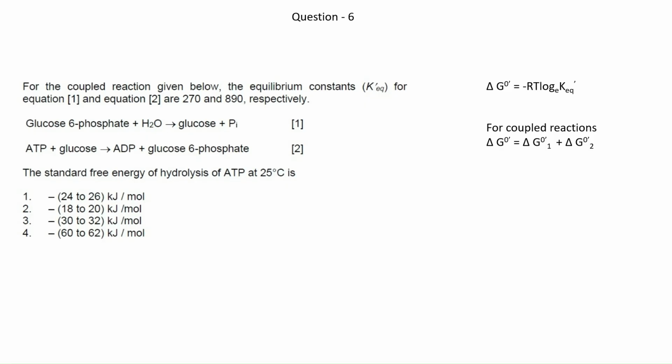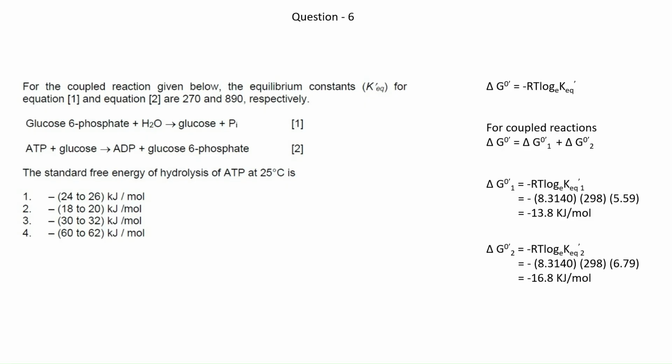First, we'll calculate the free energy change for both the reactions. For reaction 1, by putting all the values in the equation, we get the free energy change of negative 13.8 kilojoule per mole. And doing the same thing for reaction 2, we get negative 16.8 kilojoule per mole.